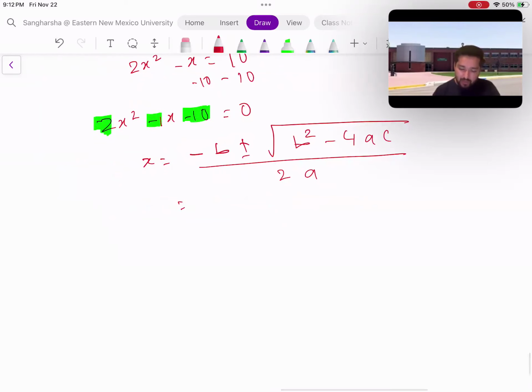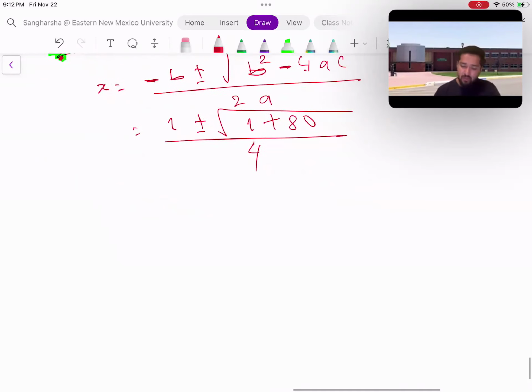So b is negative 1, so negative b gives positive 1, plus or minus the square root of b squared. The square of negative 1 is positive 1, minus 4 times a, 4 times 2 is 8, 8 times negative 10 is negative 80, times the negative we have, positive 80 here, divided by 2 times a, which is 4. This is 1 plus or minus the square root of 1 plus 80.